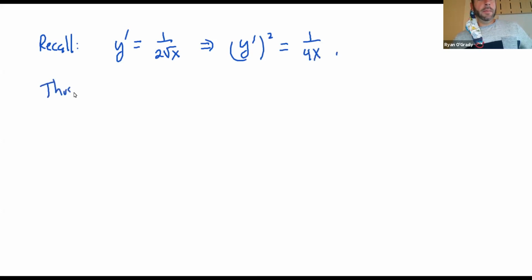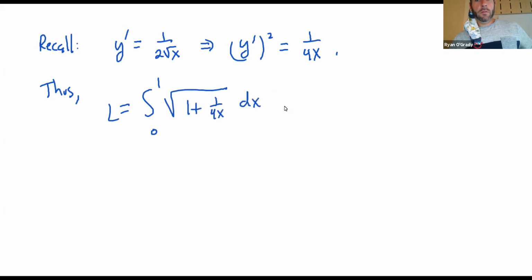And then what that means is that this integral from 0 to 1 is this. So it turns out we are able to do this particular integral. However, it is not an easy one.